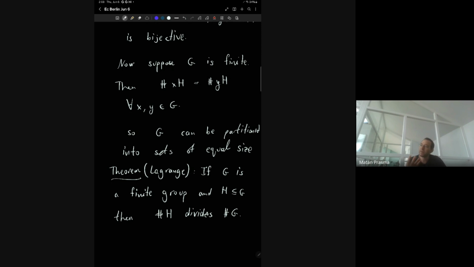Because if I can partition G into sets of equal size, what is the size of xH? The size of xH for any x is the size of H. H is also in this partition.